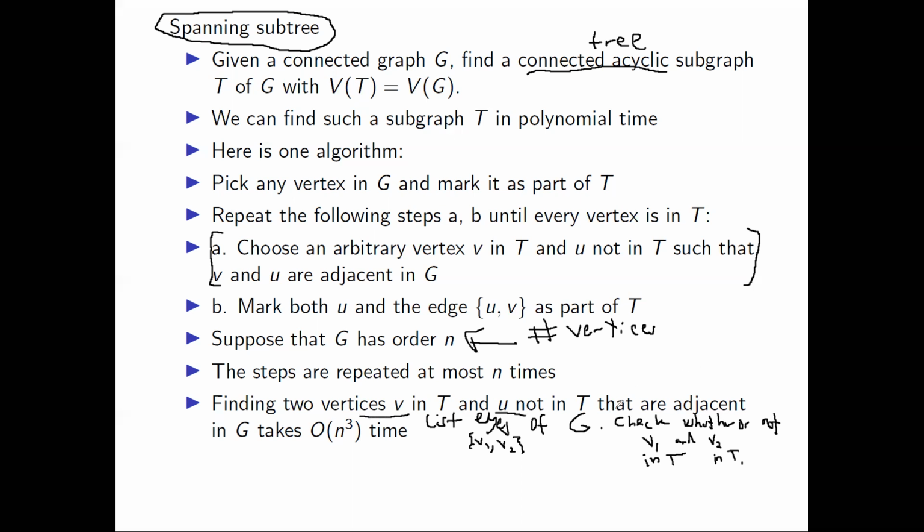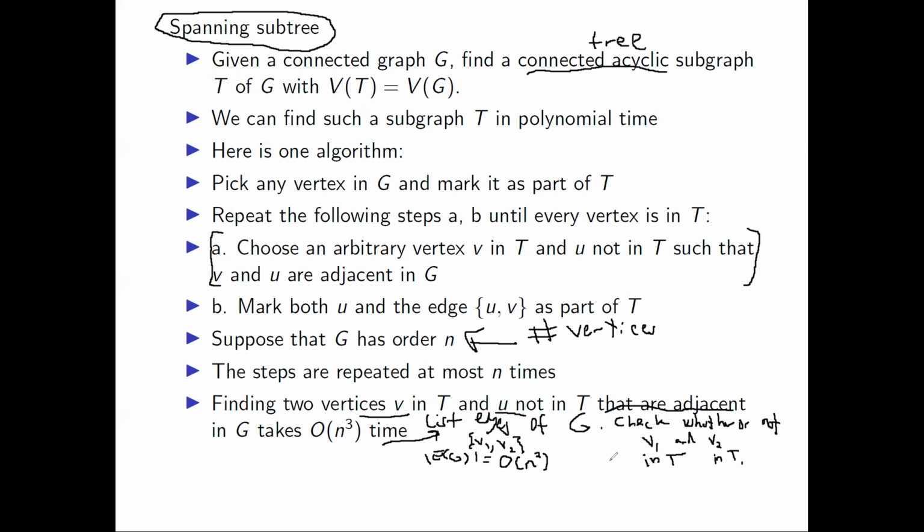And the fact that U and V are adjacent is taken care of by the fact that we are checking the edges of G. So the edge set of G, we know that that is big O of n squared in cardinality.